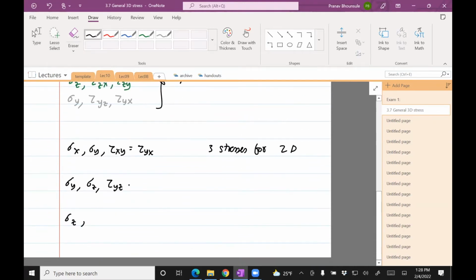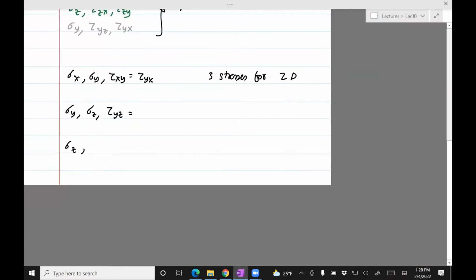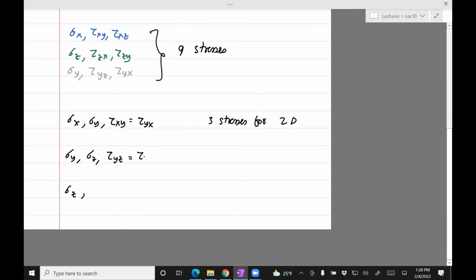That's complementary stress. Tau zy, and then sigma z, sigma x, tau zx equals tau xz. So 3 stresses, same as for 2D.